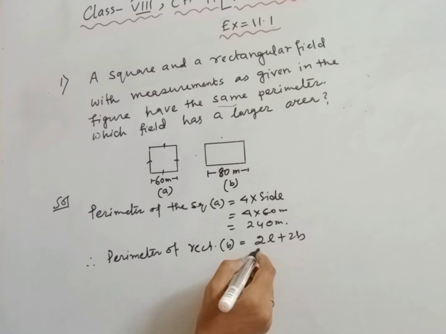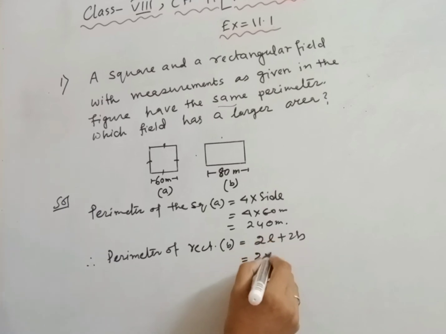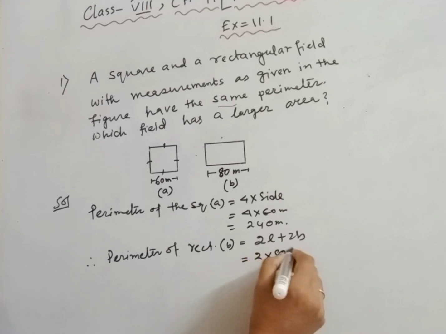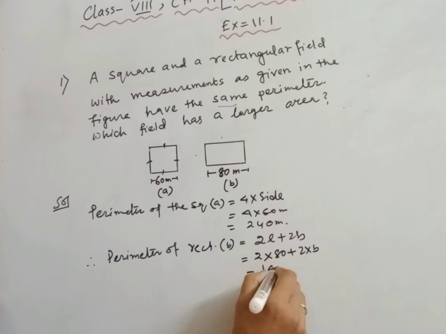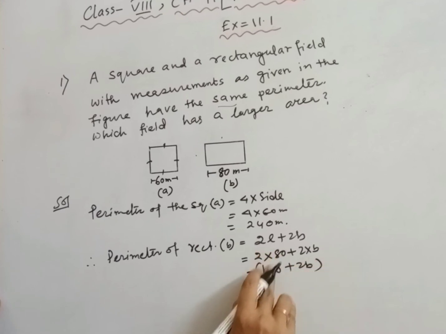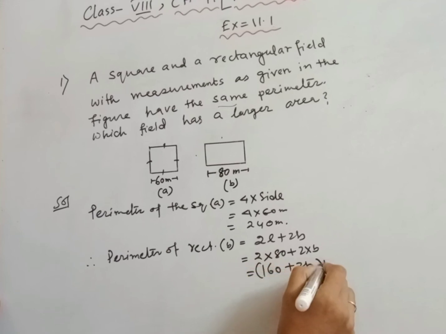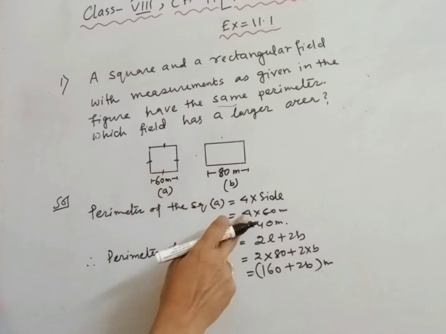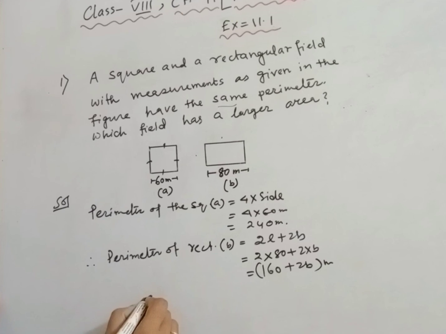So 2L plus 2B, and L you know, 2 into 80 plus 2 into B, we don't know what is B, so 160 plus 2B meter. According to the question, these two perimeters are the same, so we can write in this way.